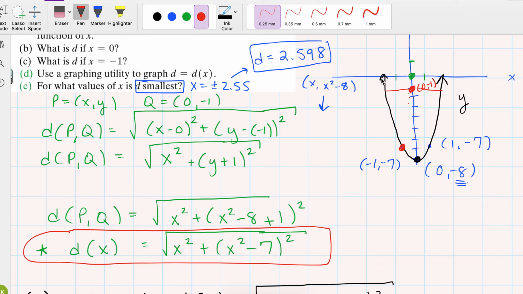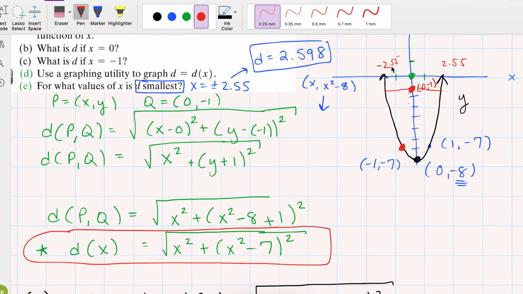Which looks like it would occur around the x value 2, and it happens to be 2.55. Notice that if I go between, so this is -2 or -2.55. Of course, my graph is a sketch, so I'd have to be really careful to see where this crosses the x-axis. But let's put 2.55 over here.